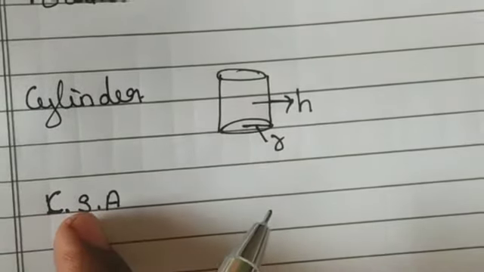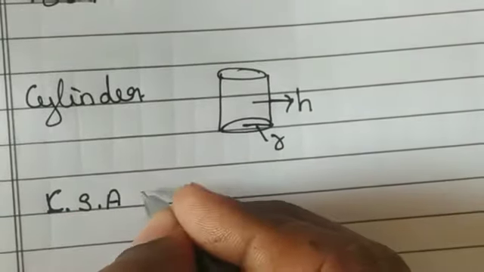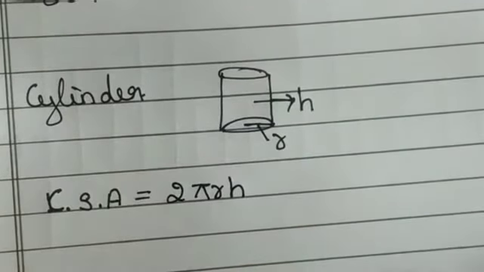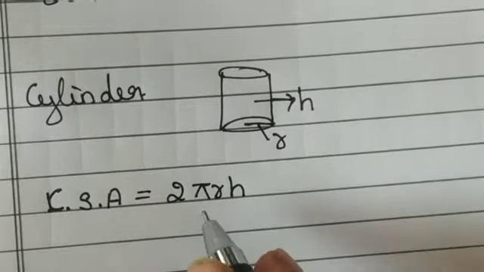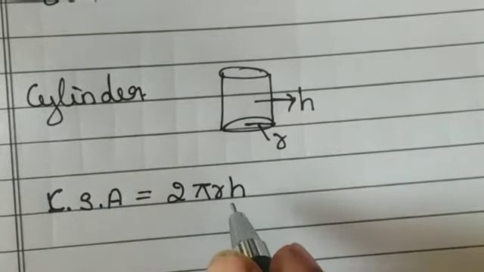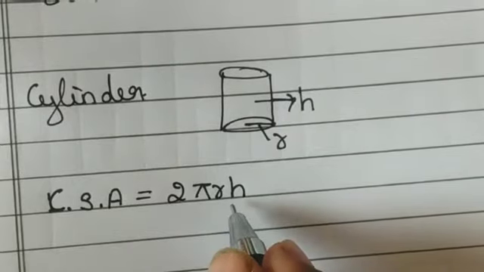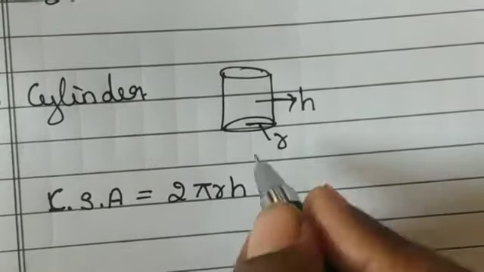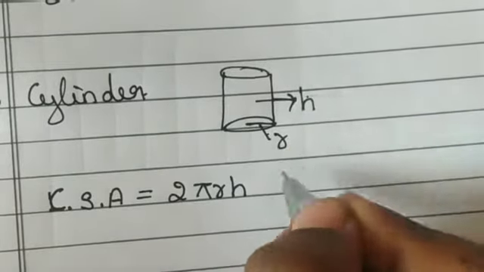So CSA equals 2 pi rh. We will write 2 pi rh. The value of pi is 22/7. So this is the formula to find the curved surface area, 2 pi rh.